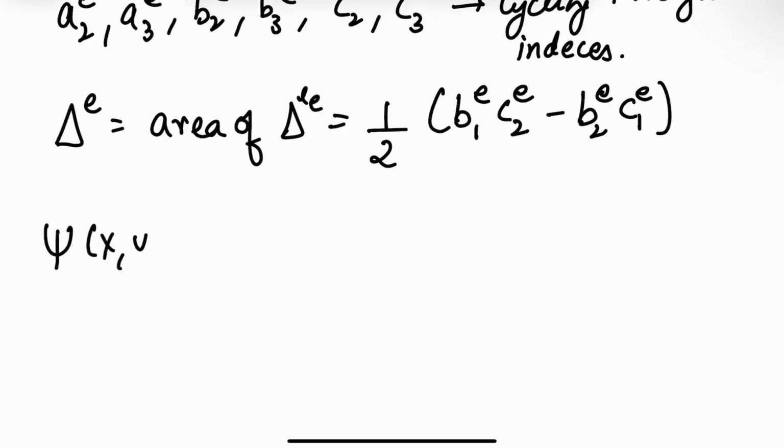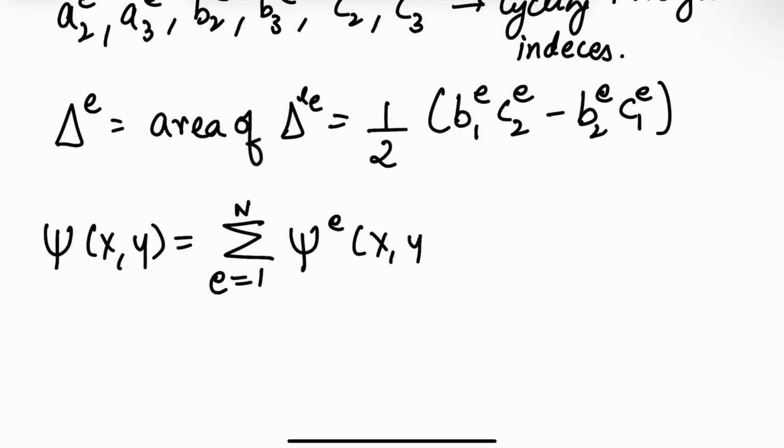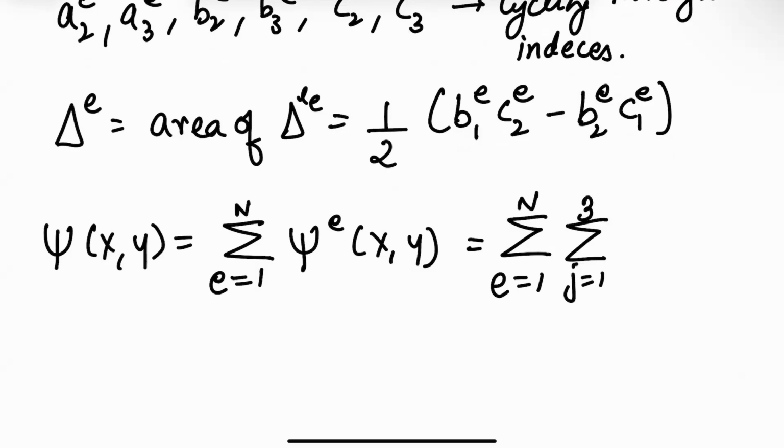Okay. So psi of x, y essentially becomes the summation over all the elements of psi^e of x, y. That's nothing but a summation over all the elements and a summation over each of the nodes with the interpolation functions.